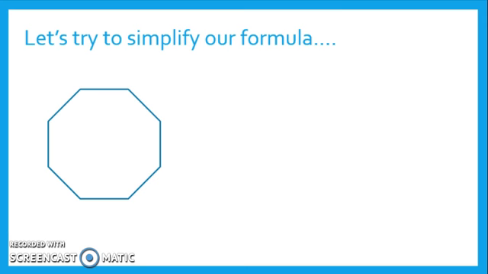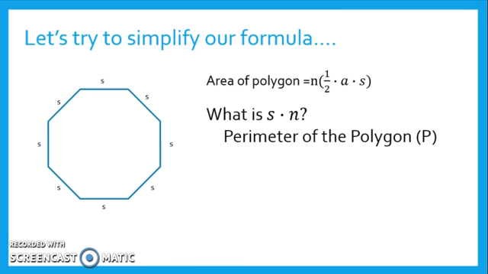We can simplify our formula. This is the other way to find the area. We have N times 1/2 times A times S, but S times N is just the perimeter. So to find the area of a polygon, you could just do 1/2 times the apothem times the perimeter.